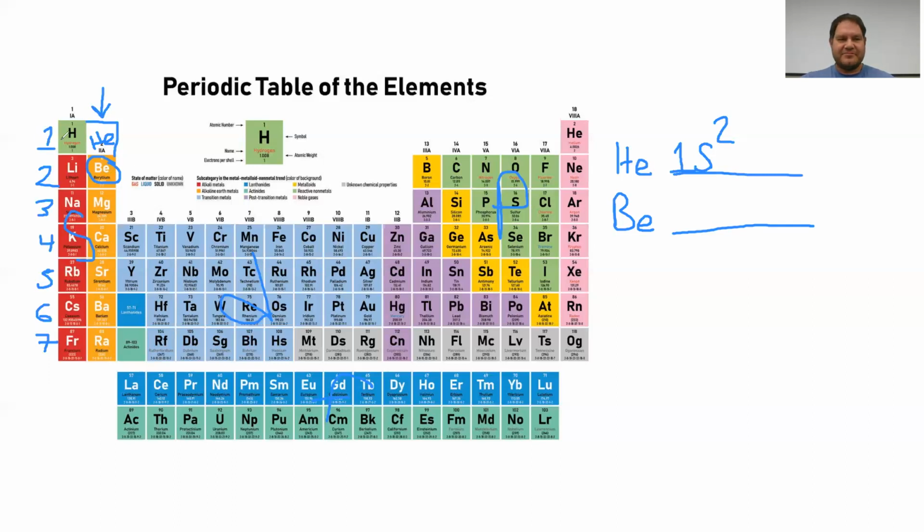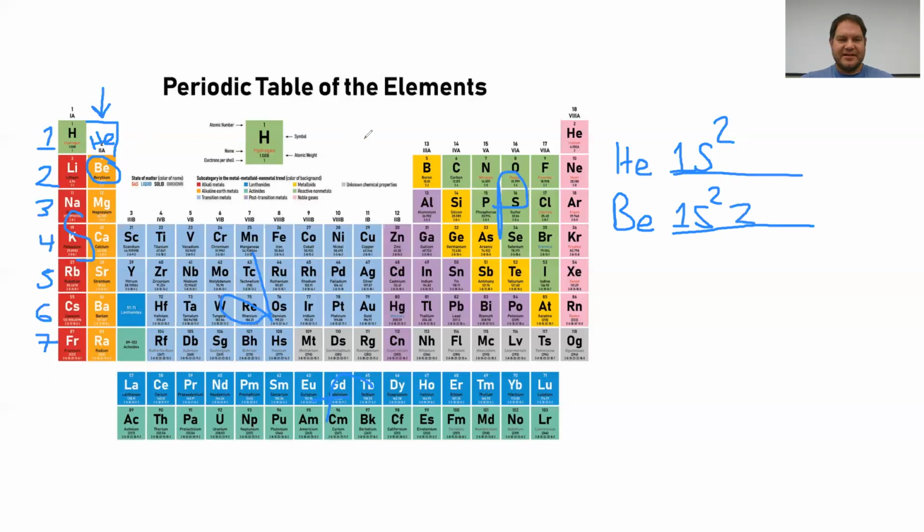So we're going to start with the first energy level. So I'm going to put my 1 there, and we're in the S block to start with. So 1s, and the S block is filled by 2 electrons. So far beryllium is 1s2. And then we go to the second energy level, so I'm going to put a 2.